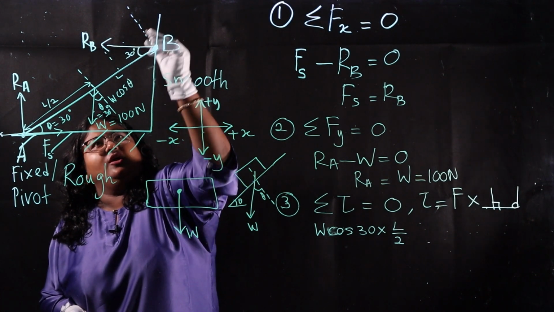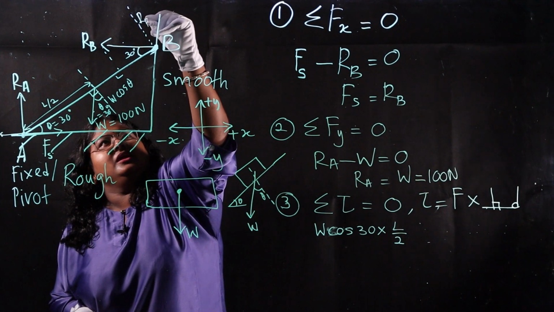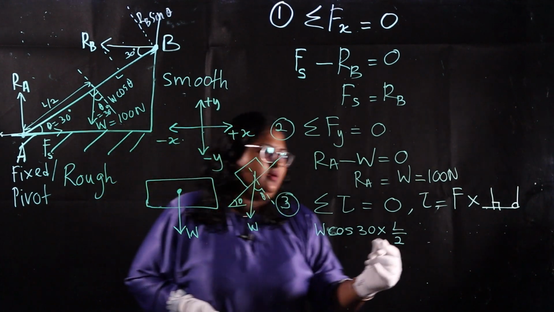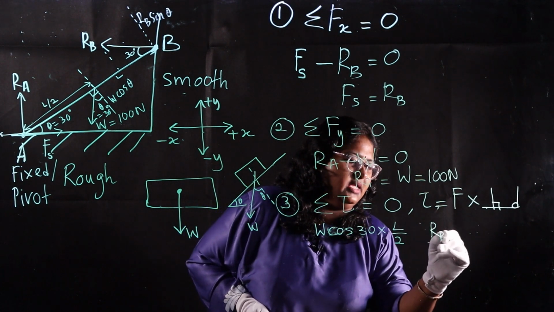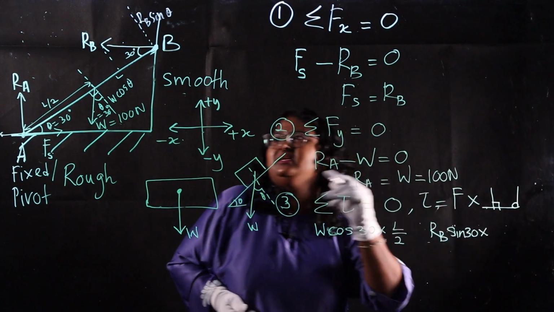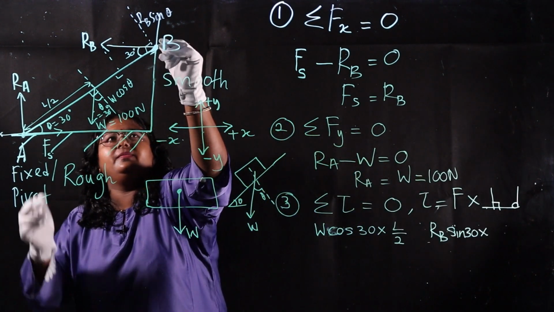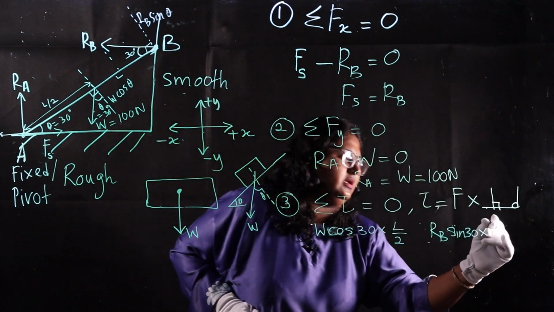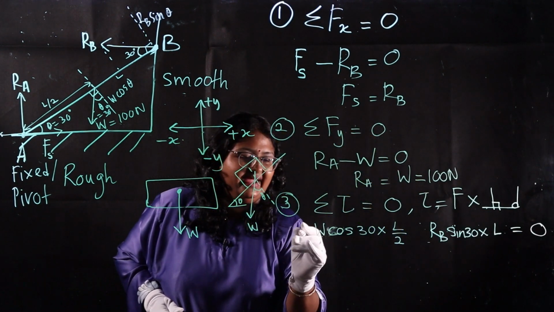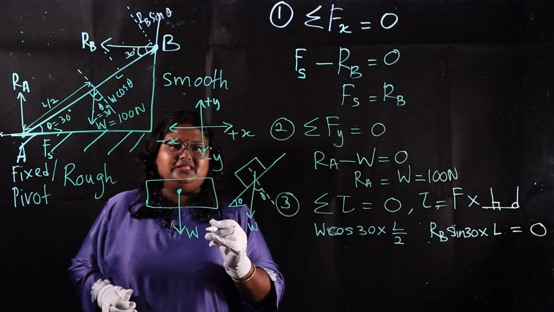So the opposite will be Rb sin theta. So Rb sin 30 times the distance here, which will be L, equals to 0. But if you see here, I never put the sign, positive or minus.